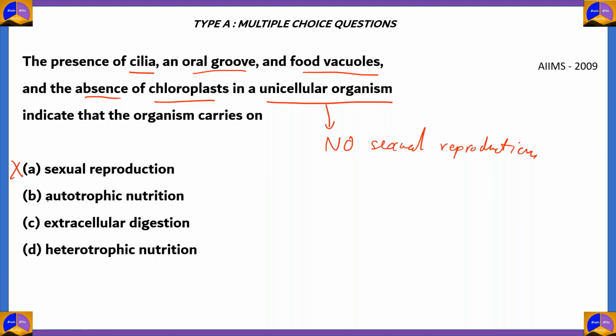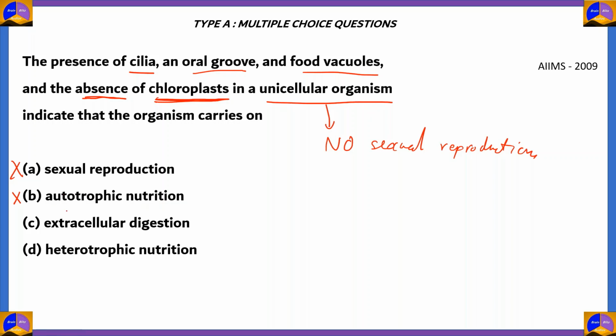What about option B, autotrophic nutrition? This is also incorrect. In the question, we have the condition of absence of chloroplasts. The absence of chloroplasts indicates that the organism is not autotrophic. So autotrophic nutrition is incorrect.